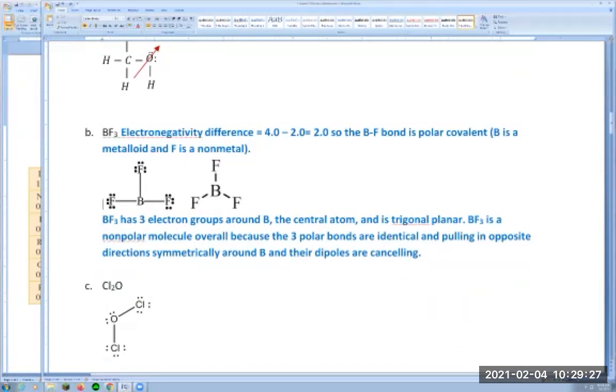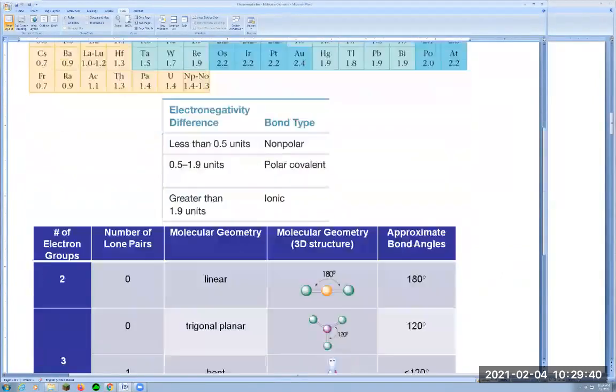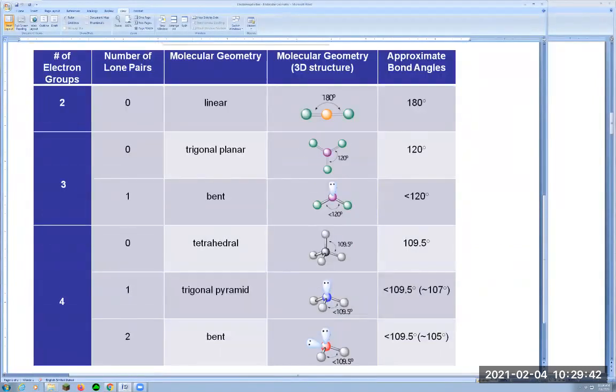So we have a chlorine surrounding the oxygen, and oxygen has 2 single bonds and 2 lone pairs. So if we look at the table for deciding on the molecular geometry, we have 2 single bonds, 2 lone pairs. That's 4 electron groups in total. So you start looking at the bottom of the table where it says 4 electron groups. And we have 2 lone pairs.